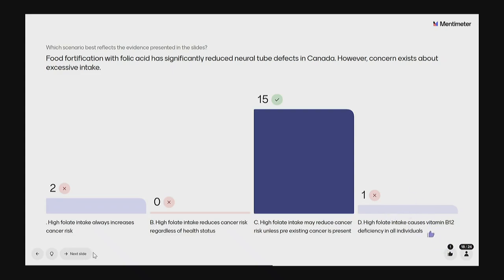So the correct answer is that high folate intake may reduce cancer risk unless in cases where you have pre-existing cancers. If you recall, we did see a diagram where there was a bump, an increase in the number of cases of cancer after the year that supplementation started in Canada. But after a while, that bump reduced and it came back to the same levels as before the introduction of fortification of folate.